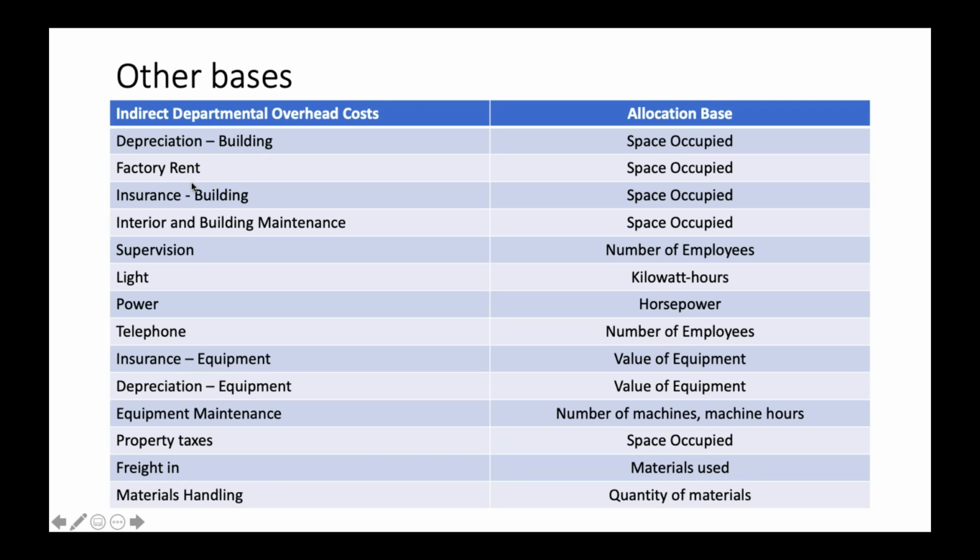Like factory rent, if the entire building is composed of 50% factory and 50% administration building, then we can use space occupied by the factory to allocate the cost of rent for the factory. So the allocation base is more related to the expenses that we want to distribute.